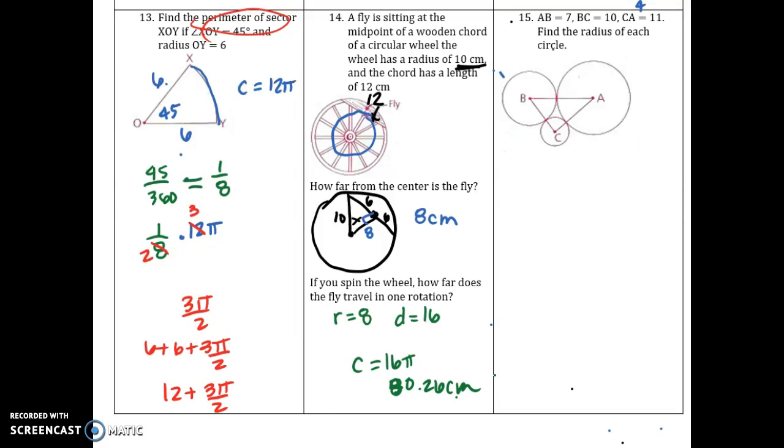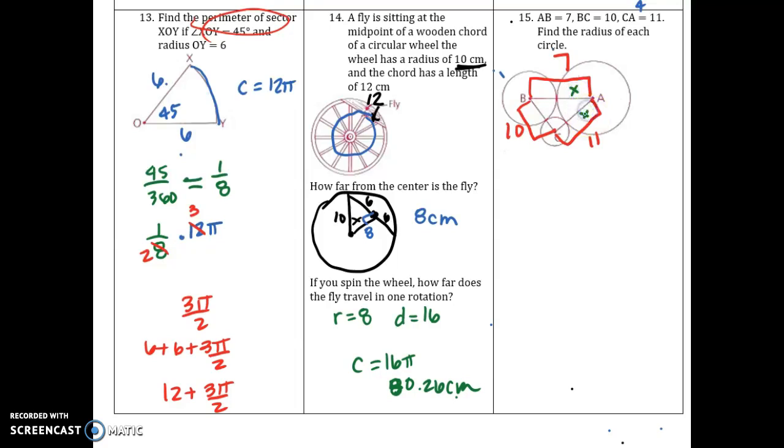So then the next one, and the last one on this page, if AB is 7 and BC is 10 and CA is 11, find the radius of each circle. So the easiest thing to do here is to label one of the radiuses x. It really doesn't matter which one.